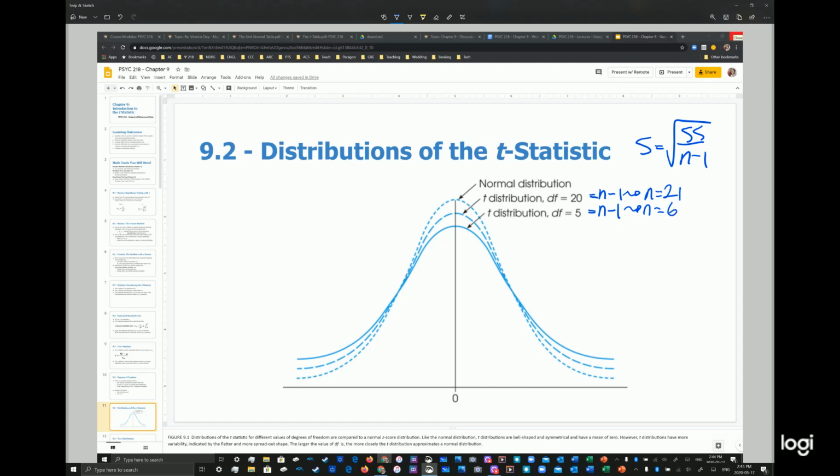So remember, when you determine degrees of freedom, you need to know what n is first. And then, to get degrees of freedom, you subtract 1 from n. For these distributions, where it has the mean of 0, because these are still standard normal distributions, where t-scores are still location scores, the shape of the distribution changes when degrees of freedom changes, because we talked about last time, sample size has a direct effect on standard error.